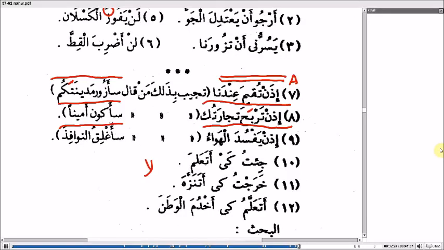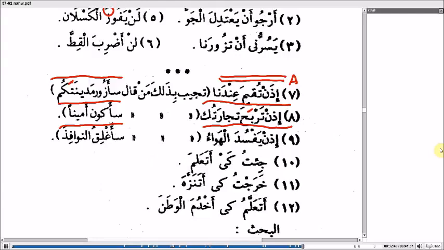And then we have jittu kay ata'allama. Jittu, I came, from ja'a, jittu, I came, kay ata'allama. Kay means so that, or in order to. I came in order to learn.